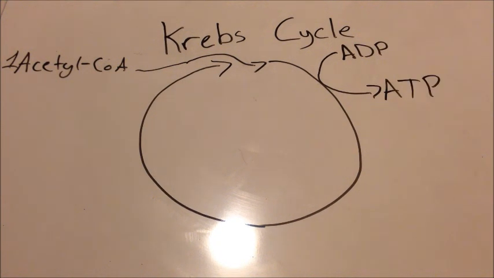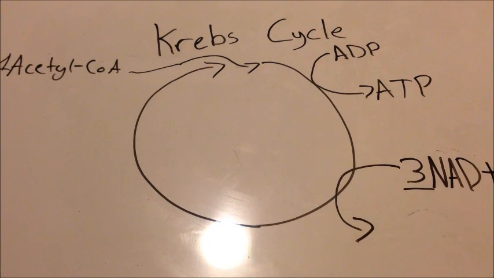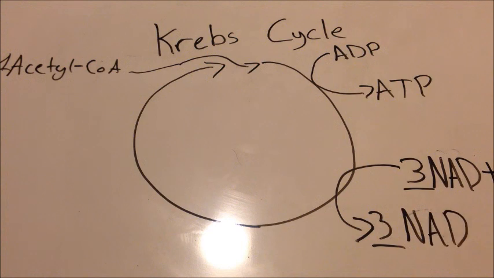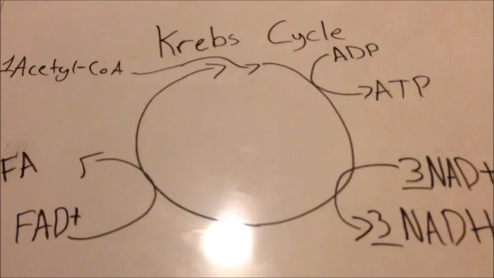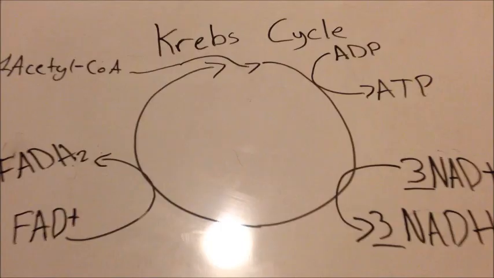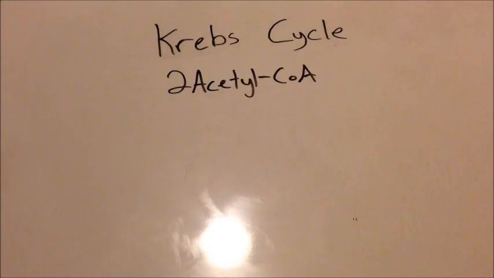And lastly, 1 FAD plus into 1 FADH2 when electrons are added through the process. Also through this process, 3 carbon dioxide are released. It is important to note that in the diagram we only used 1 acetyl-CoA, but if we had used both, they would have doubled.